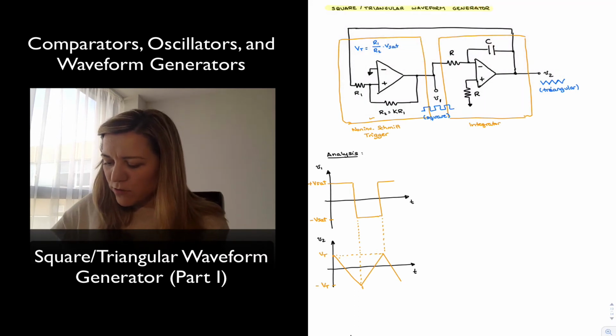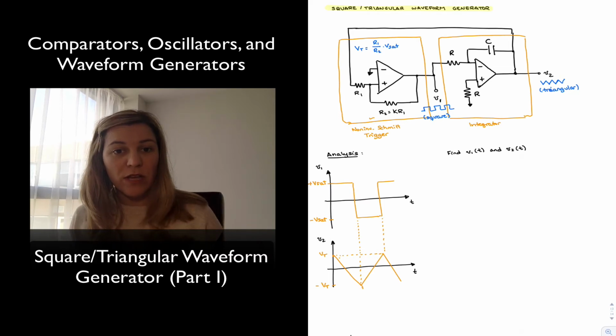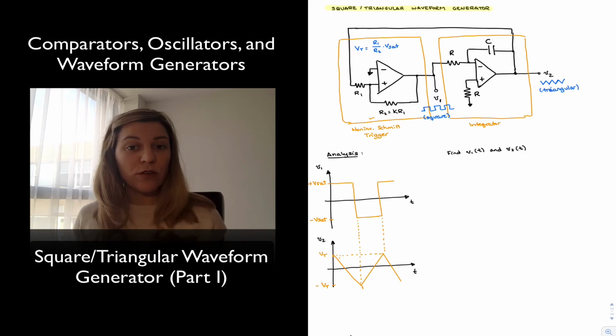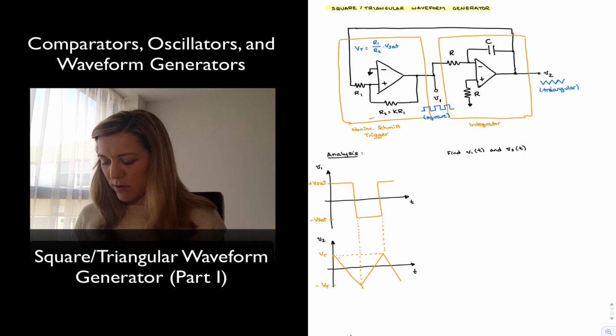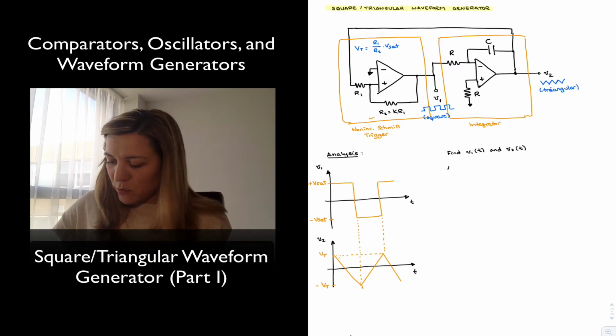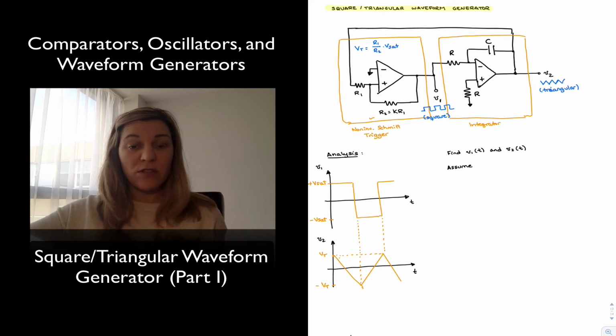And again, we're trying to find expressions for V1 as a function of time and V2 as a function of time, my square wave and my triangular wave. V1 is going to be fairly easy. V2, we need to figure out the relationship between Vt and Vsat. So let's assume a starting point, since we have assumed that my V1 starts at time equals 0 as sitting at the positive saturation voltage.